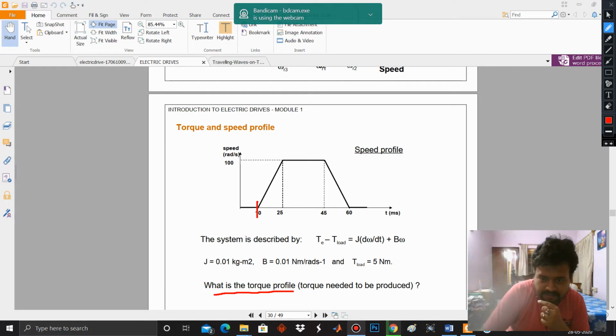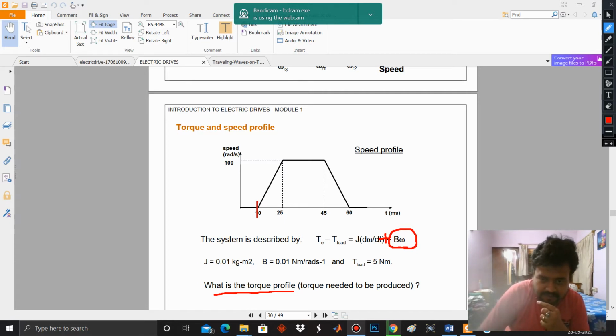The equation given here is TE minus TL is equal to J d omega m by dt plus B omega. That means they have considered viscous friction.